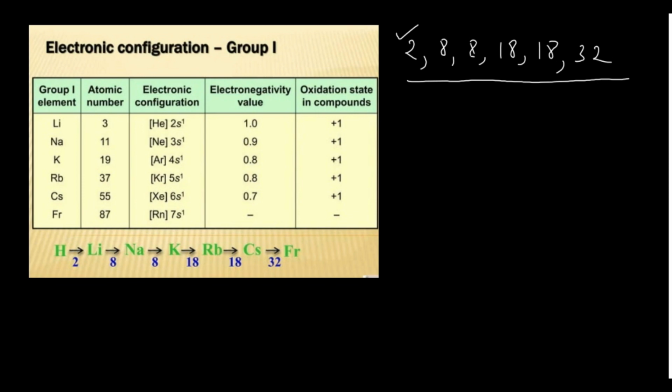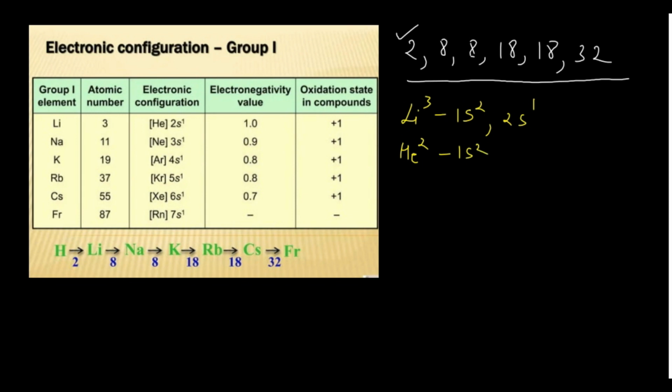So if you write the electronic configuration for 3, this will give you 2s1, and this is the configuration of helium, right? So if you are a beginner and don't have much idea about how to write it, I can write here lithium, which has atomic number 3, and I can write 1s2 and 2s1, right? And if you know helium, actually helium is 2. So helium is nothing but 1s2.